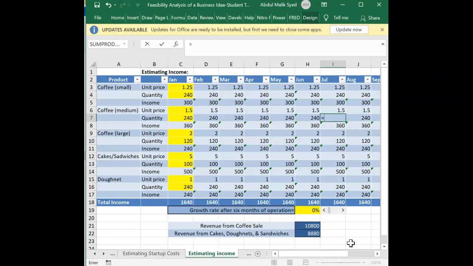So I will do this. From the previous quantity, there will be a growth rate of whatever. You can play with the growth rate. So 1 plus G. So this is my growth rate. Right now the growth rate is 0, that's why it is the same.